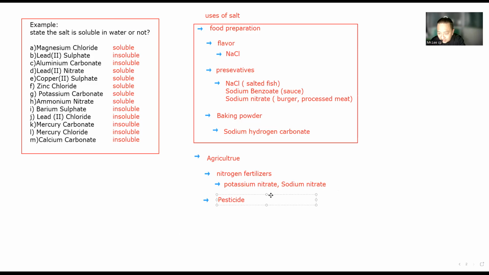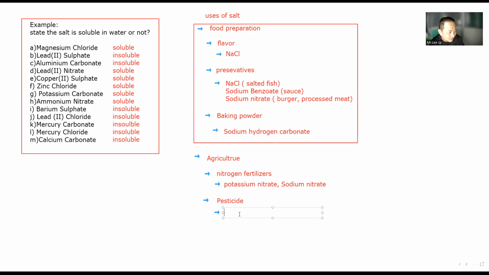Right? Pesticide is something to kill the insects, 要偷吃你的 plants, or the rats that want to steal your food, right?